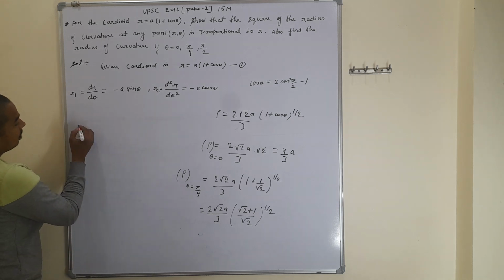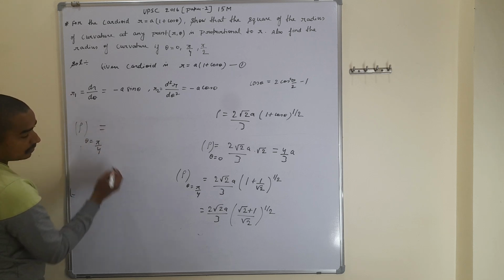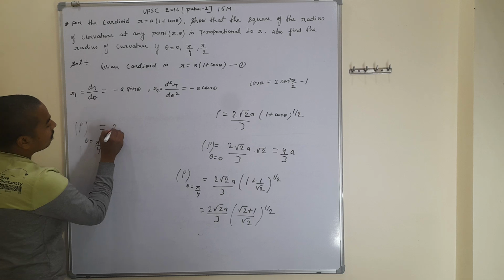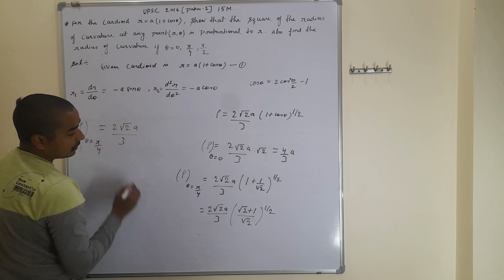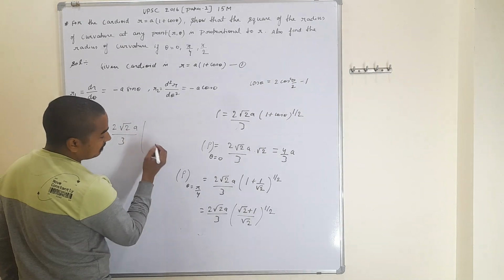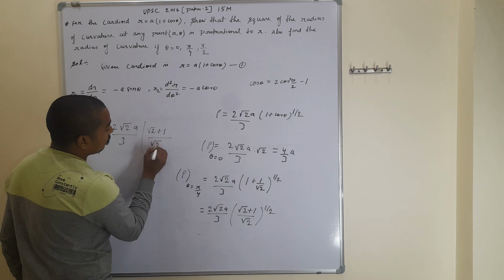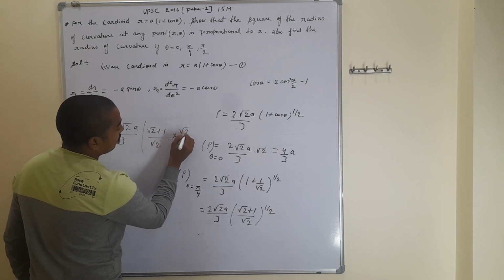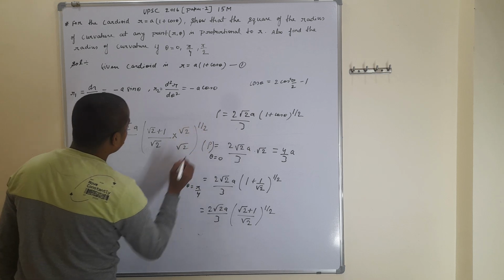So radius of curvature at theta is equal to pi by 4 is equal to 2 root 2 into a by 3. Here rationalizing, root 2 plus 1 upon root 2 into root 2, whole power 1 by 2.